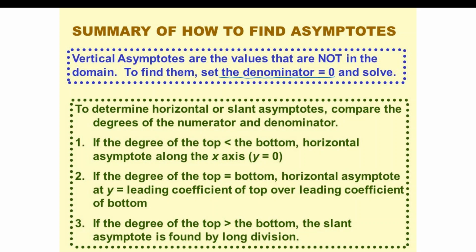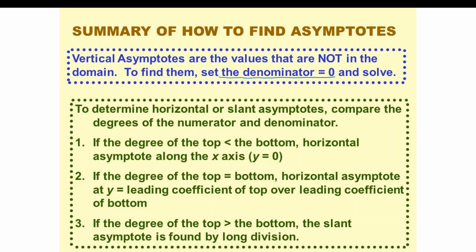To determine the horizontal or slant asymptotes, compare the degrees of the numerator and the denominator. If the degree of the top is less than the bottom, the horizontal asymptote is along the x-axis, or y equals 0. That's where our horizontal asymptote is.